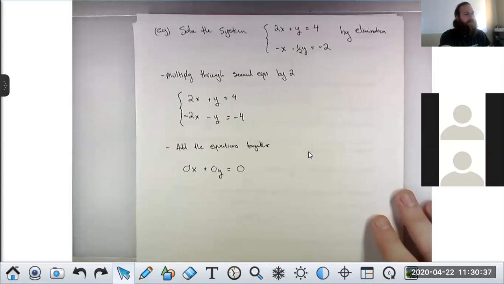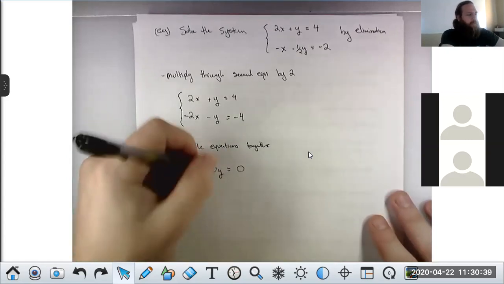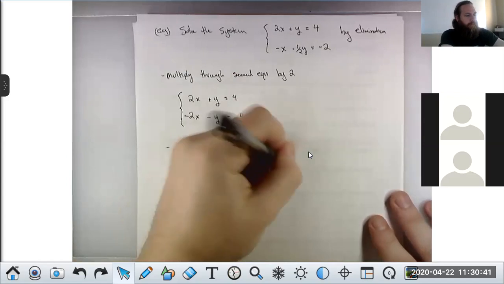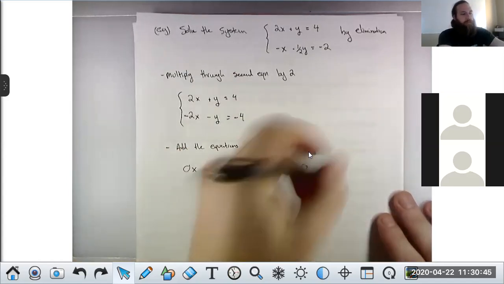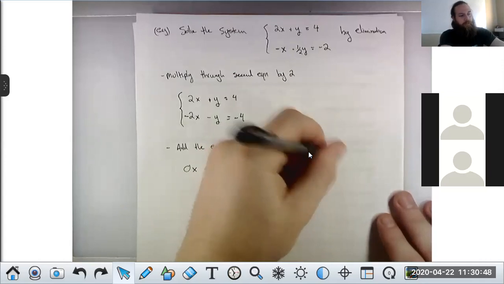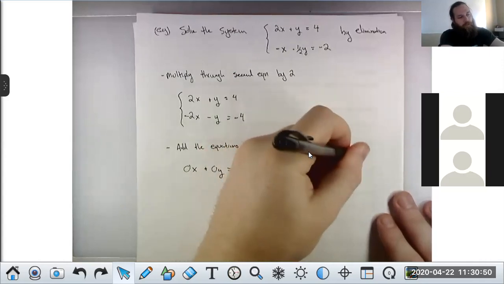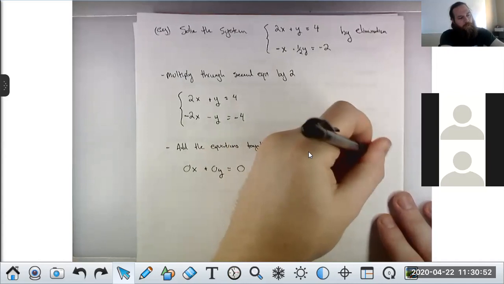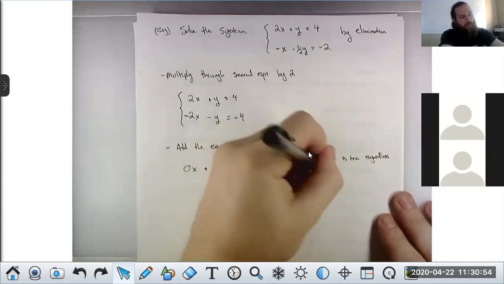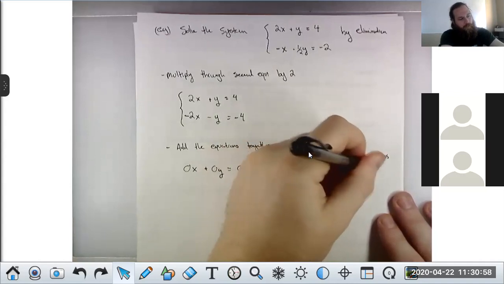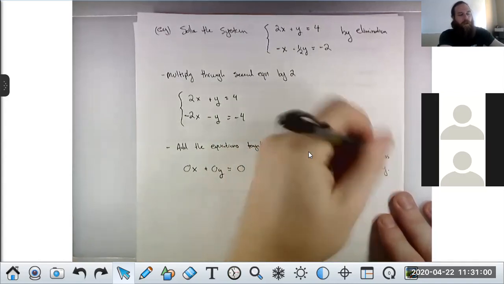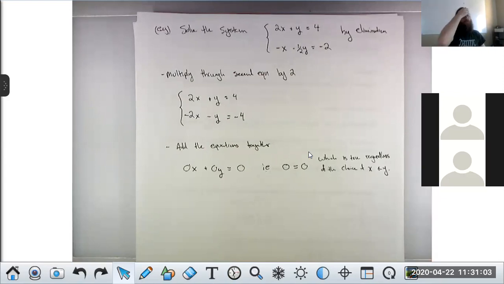So the left-hand side is 0 and the right-hand side is 0, which is a true statement regardless of x and y. And this is what tells me that I have infinitely many solutions.